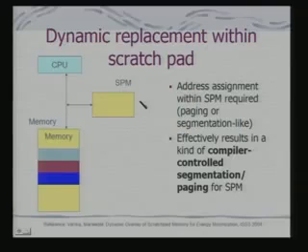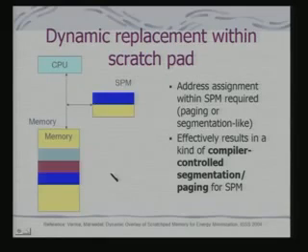Now, another possibility could be dynamic replacement within scratch pad. The basic idea is that address assignment within SPM is required, something like paging or segmentation. This is the code, and these are the logical pages or segments of the code, and these segments are moved to SPM depending on the requirements.